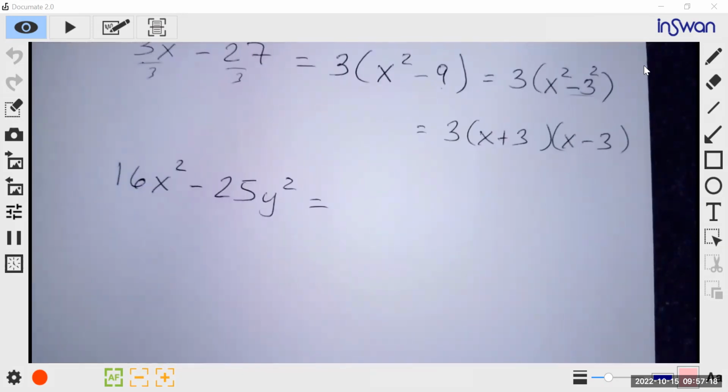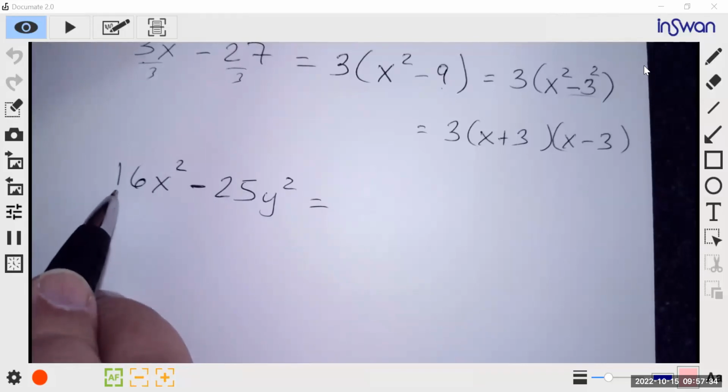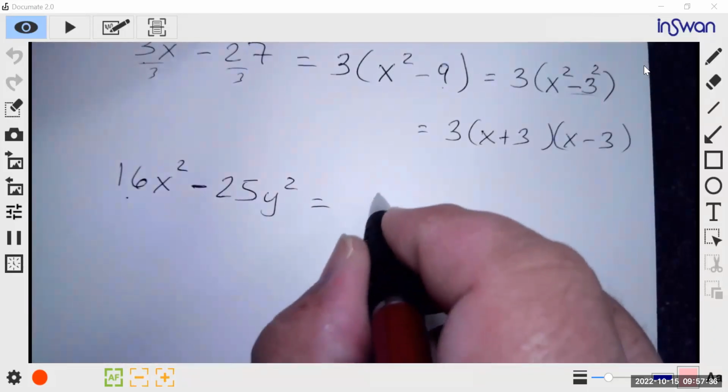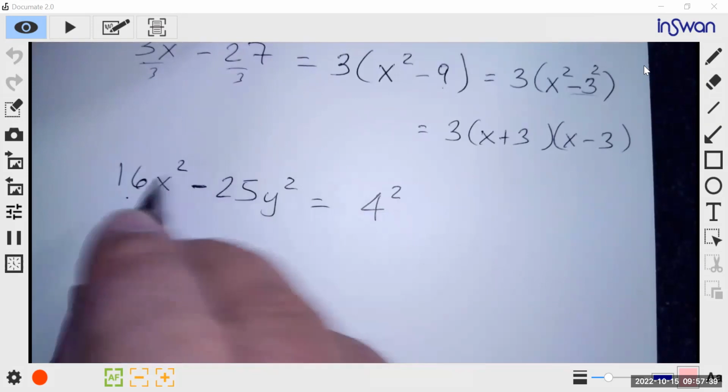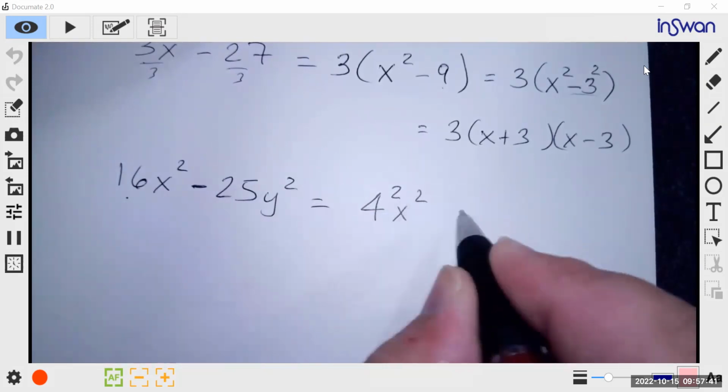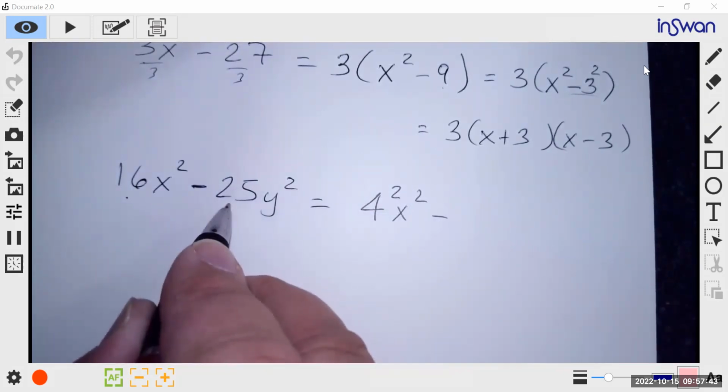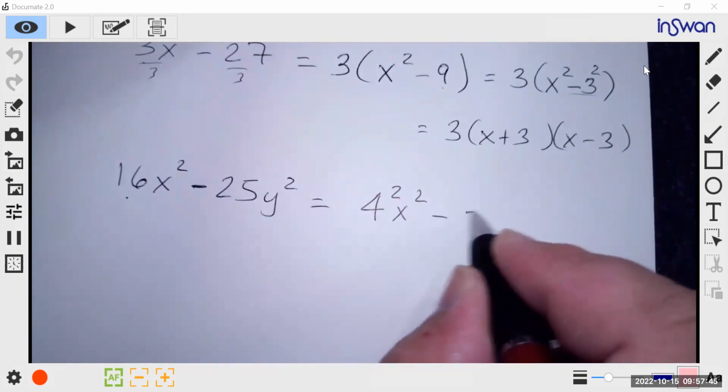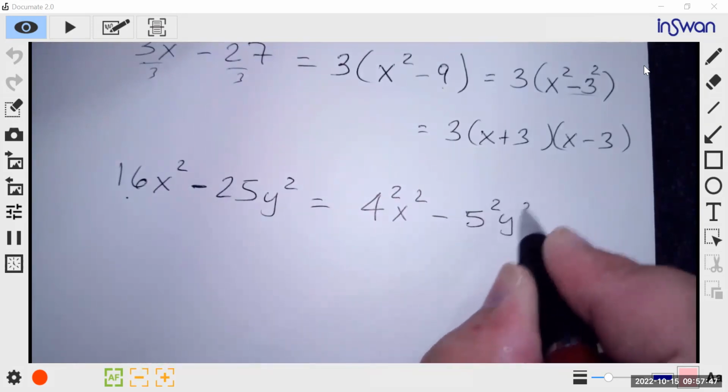How about this one? 16x squared minus 25y squared. What's 16? Is that a perfect square? Yes. So it's 4 squared. 4 times 4 is 16. What's 25? 5 times 5, so it's 5 squared.